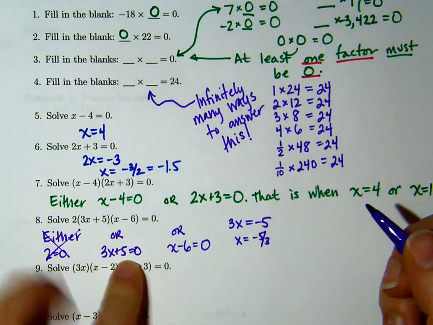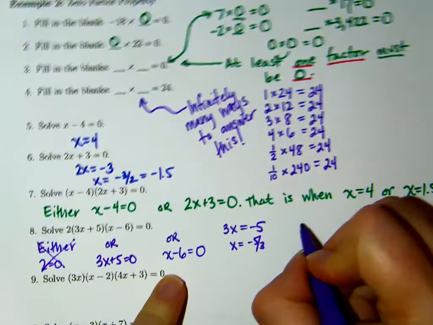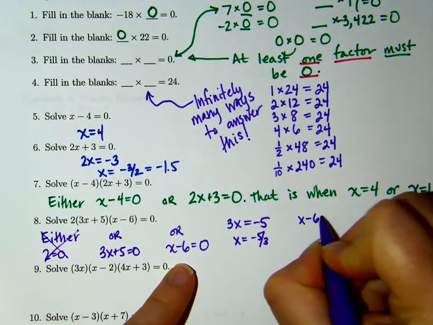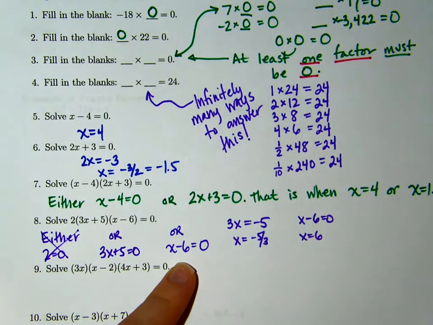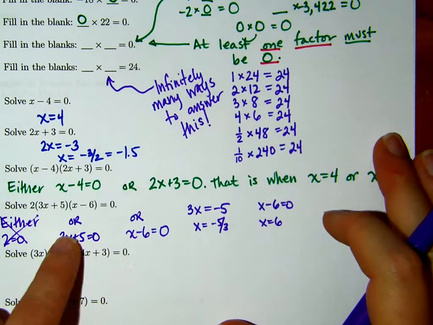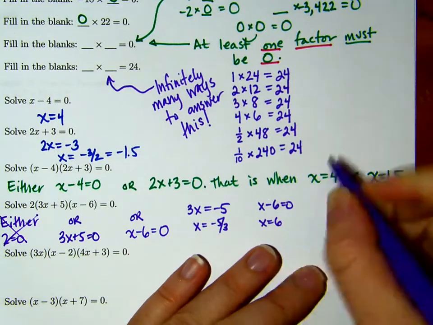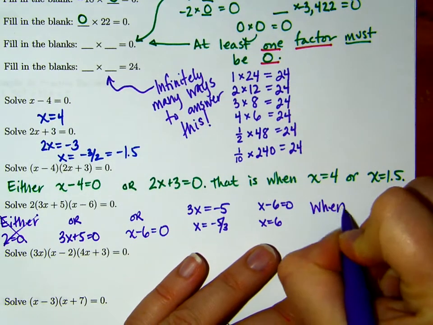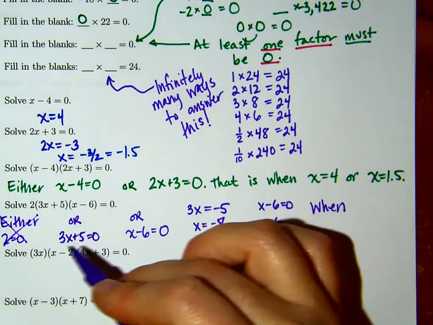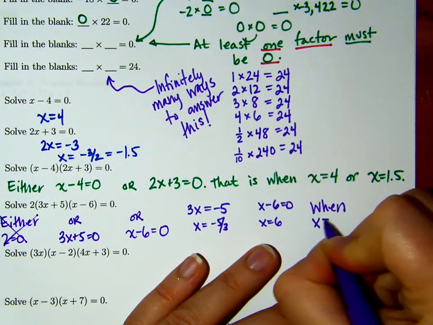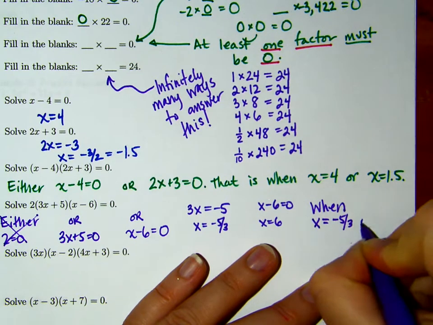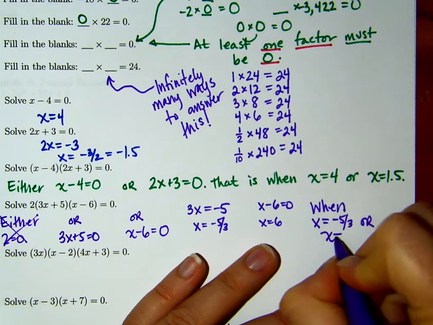Might as well just leave that. Or here, x equals 6. So these are true when x equals negative 5/3 or x equals 6.